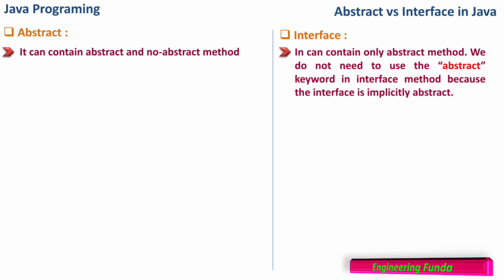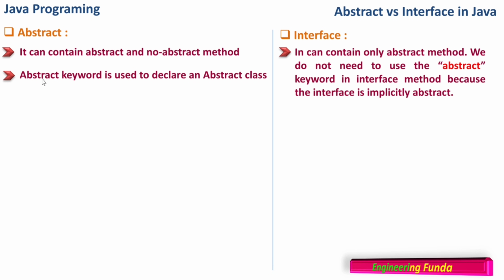We have already said that the interface is a special case of abstract where everything inside the interface is abstract. So we don't have to explicitly write abstract here. While in the case of abstract class, we have to write abstract in front of the methods which we want to make abstract.